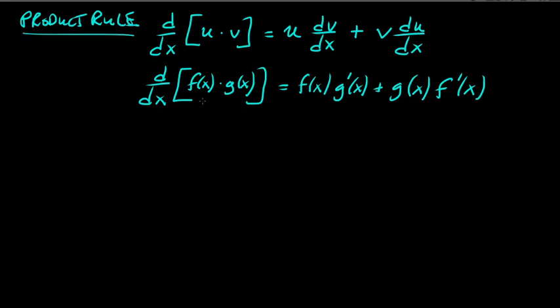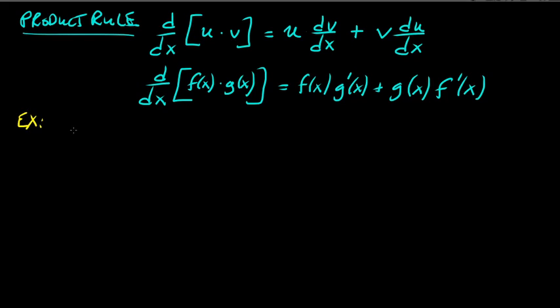So the derivative of f times g is the first times the derivative of the second plus the second times the derivative of the first. That's how I remember it.